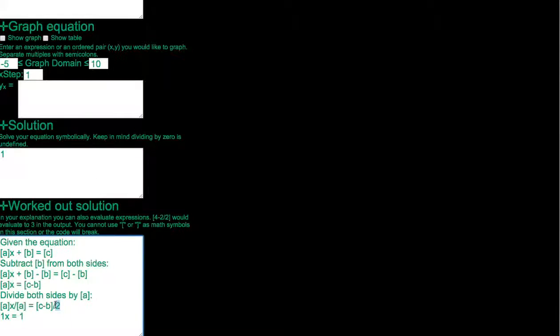And then this part again is my a that I was dividing both sides by. So then I would get 1x still, so that's not going to change. And then this is going to be equal to c minus b. And I'm going to need to do that quantity, so I'm going to do parentheses here. Divided by a will be my overall answer.